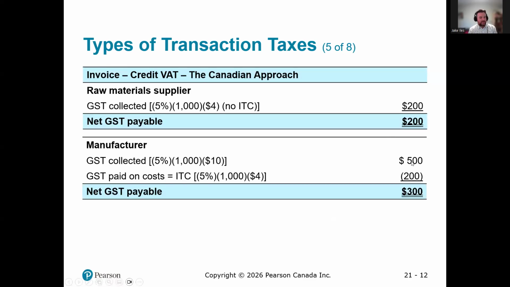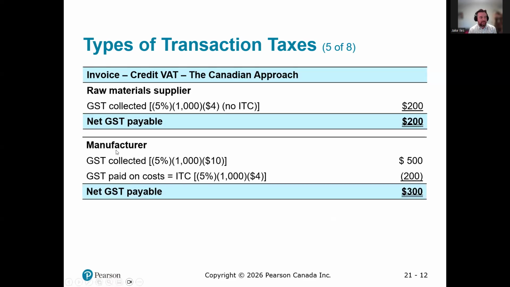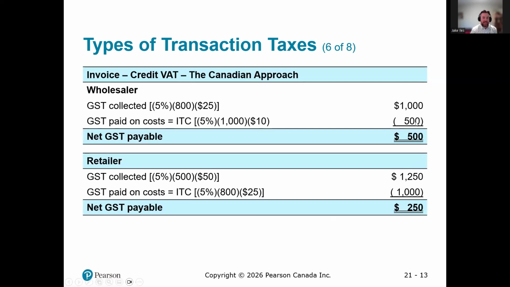Then the wholesaler sold 800 units at $25. GST collected was $1,000, but they got to deduct from this $1,000 the $500 that they paid the manufacturer. Since the manufacturer collected $500, the wholesaler must have paid that $500, so they only pay the difference, $1,000 minus $500.